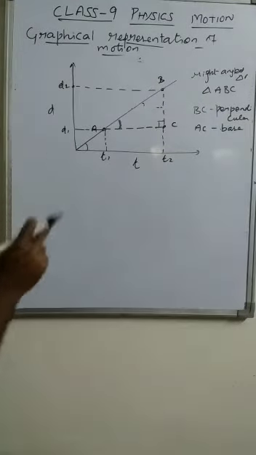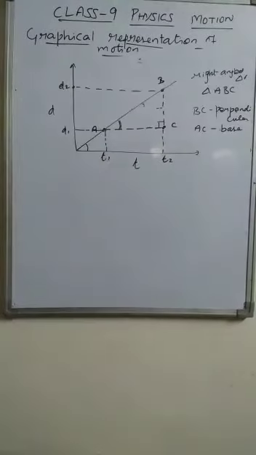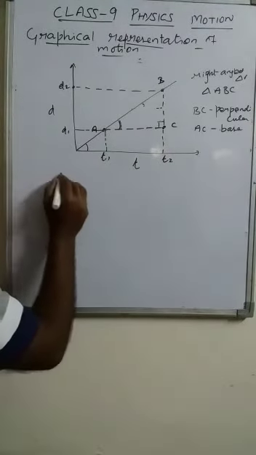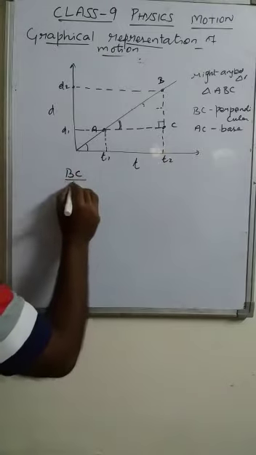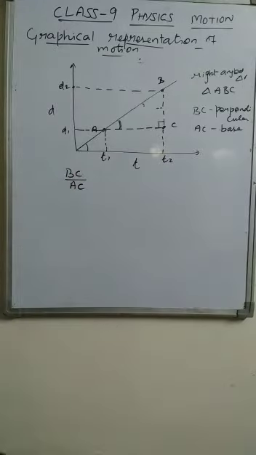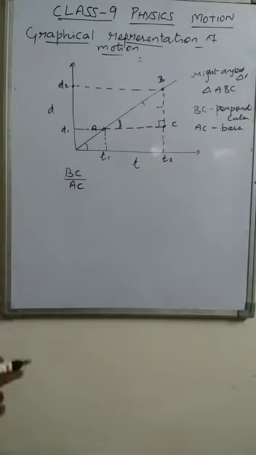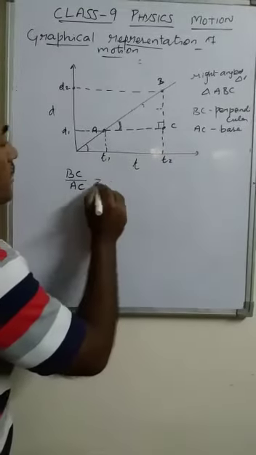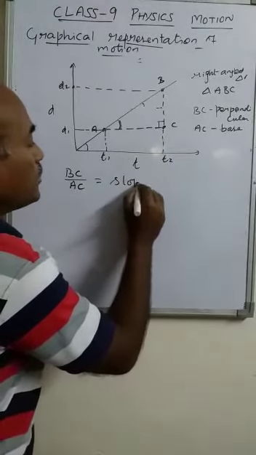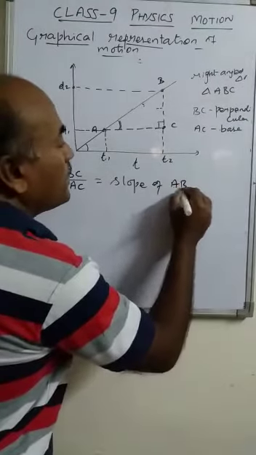Now, if we take the ratio of the perpendicular to the base, that is BC upon AC, this ratio in a triangle gives the slope of this line AB.